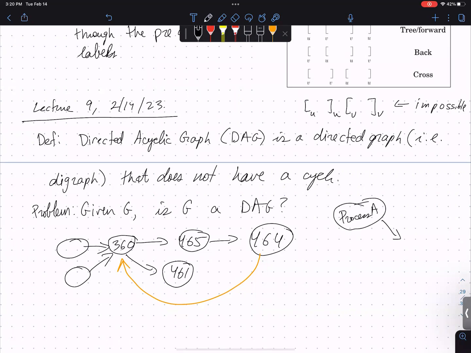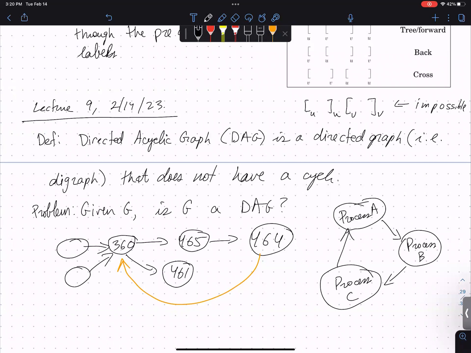So process A needs to finish before you run process B, and process B needs to finish before you run process C. So if in this kind of graph you have a cycle, the scheduler will never run anything because it will never have the dependencies completed.